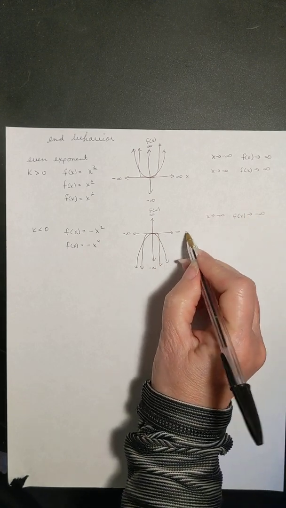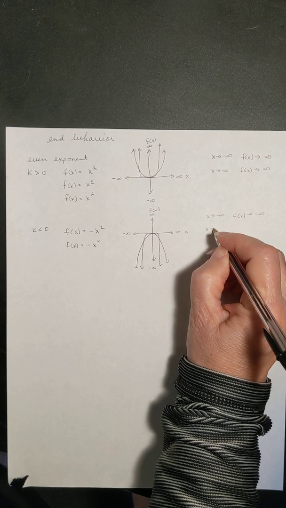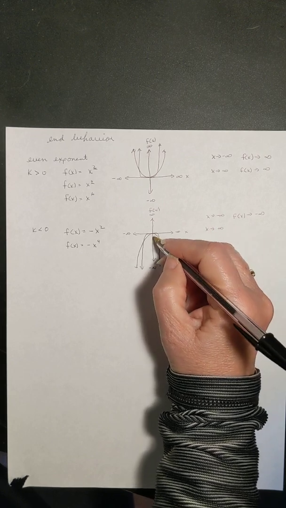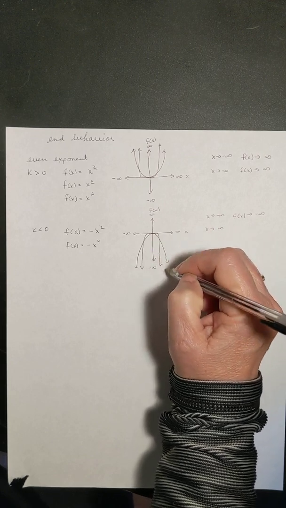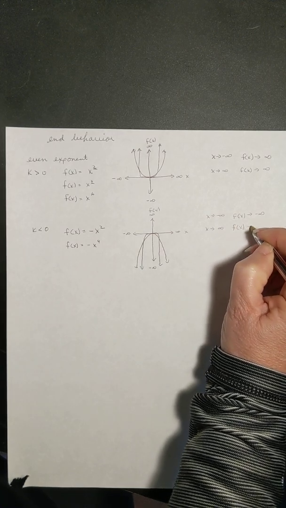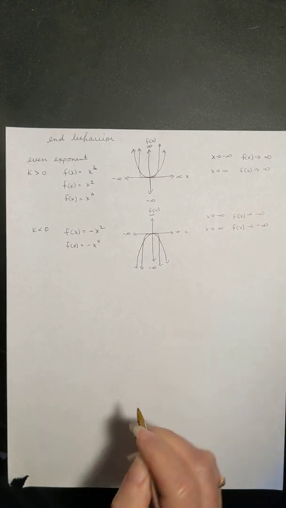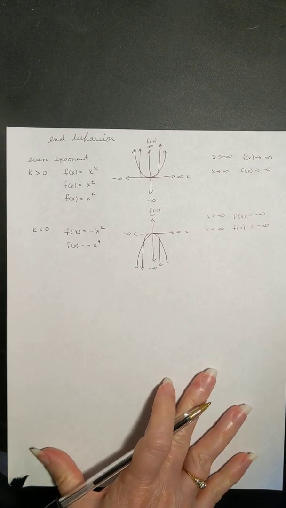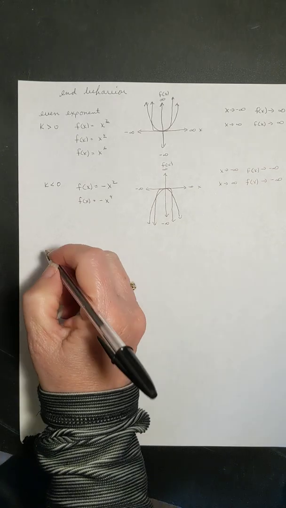As x goes towards positive infinity, then the y goes towards, again, they're both going down, so the y, or the f of x, goes towards negative infinity. So that's how you do the end behavior for even exponents.